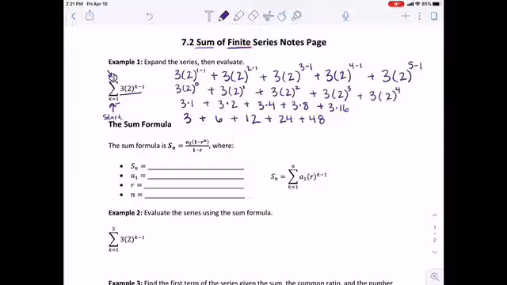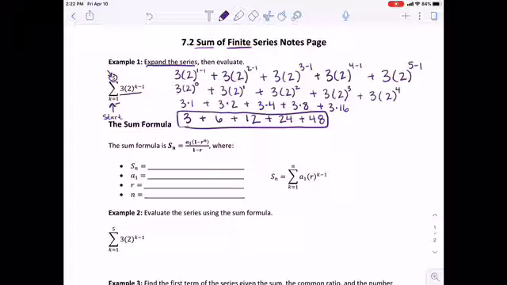So when it says to expand the series, it's looking for this right here, the 3 plus 6 plus 12 plus 24 plus 48.